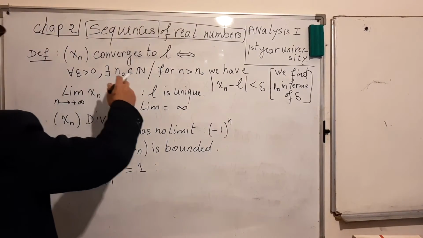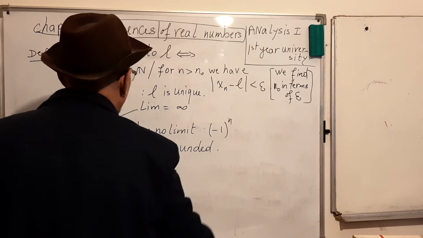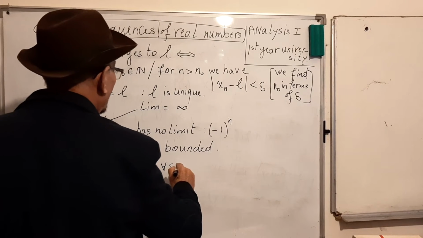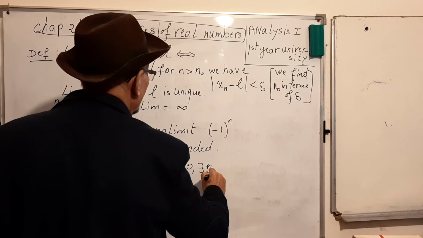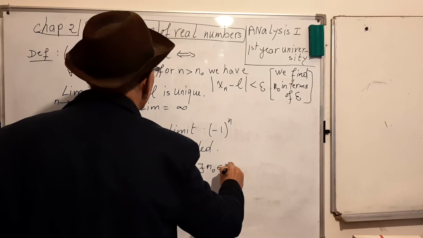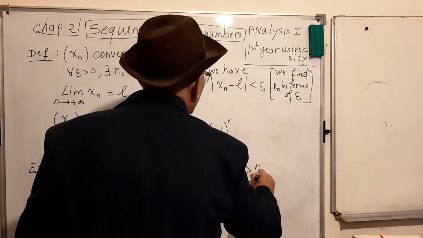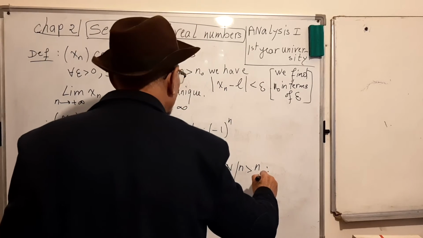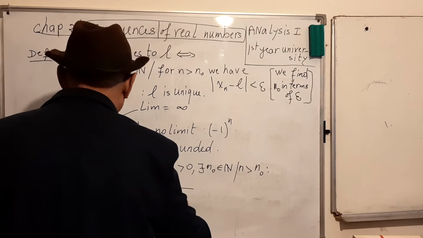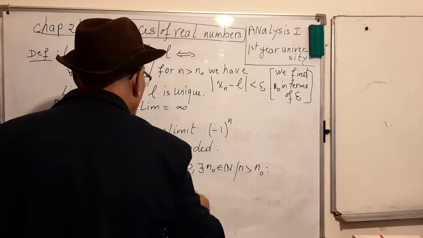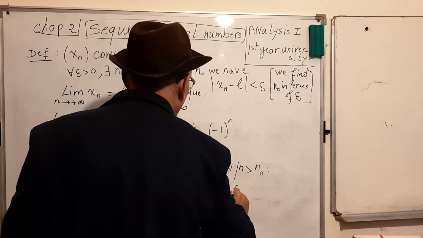By definition, we must prove that for every epsilon positive, there exists n0 belongs to N, such that for n greater than n0, we have the absolute value of xn, which is n over n plus 1, minus L, minus 1, less than epsilon.